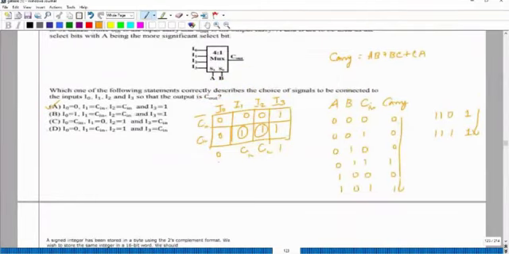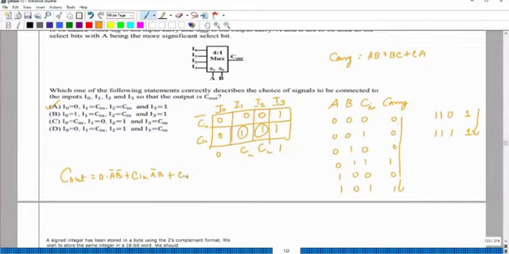You can also substitute this one and also C. Okay, what is C out? C out is equal to 0 into A bar B bar, plus C in into A bar B, right?